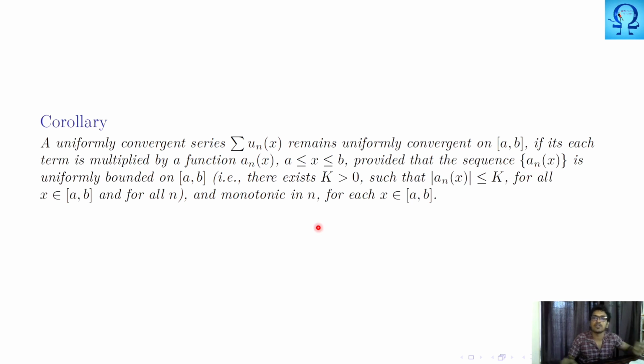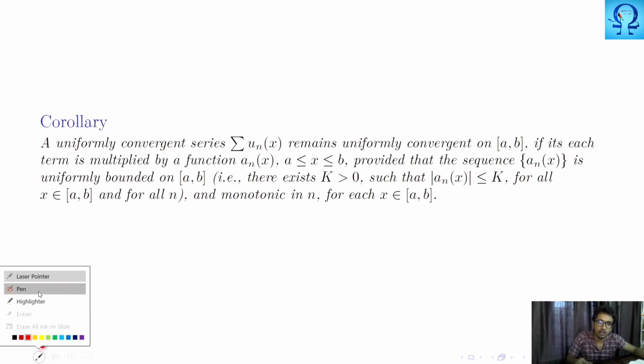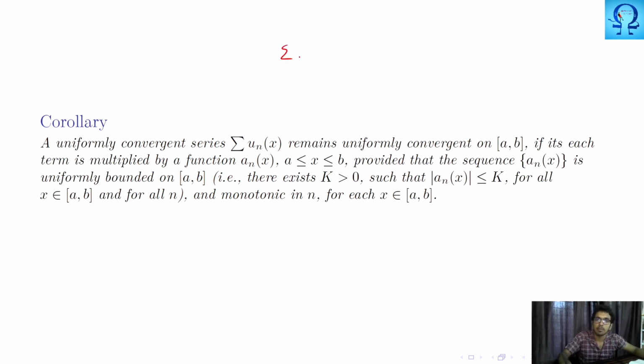And moreover, this function is monotonic. If under all these scenarios we have that the summation of an of x, un of x converges uniformly, this is what this corollary tells you.